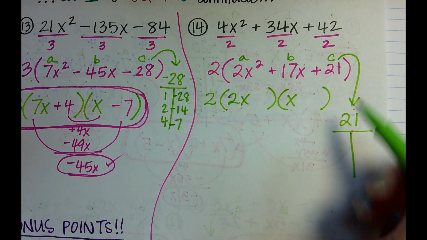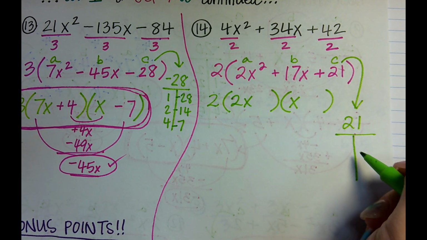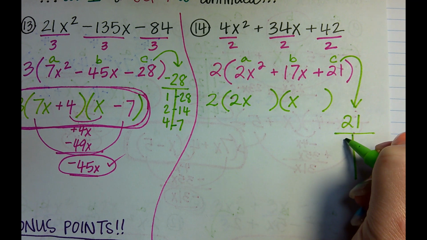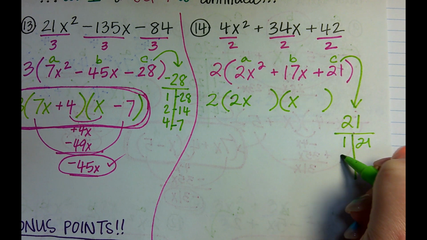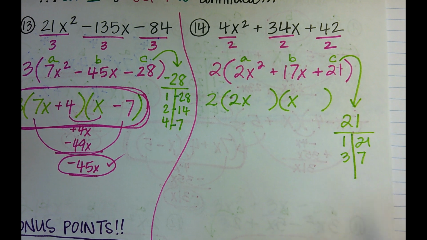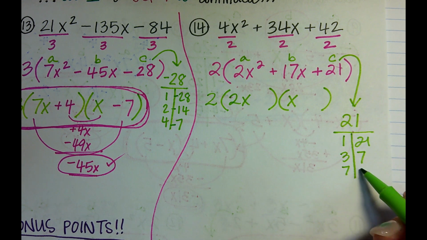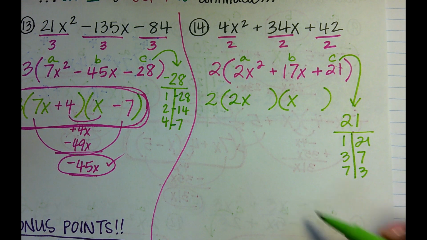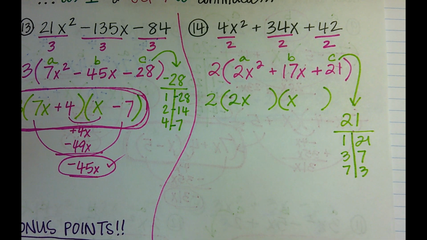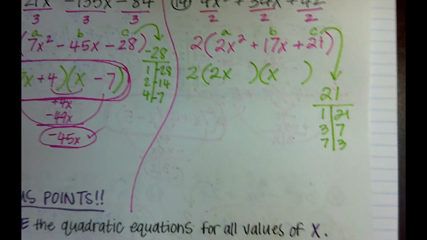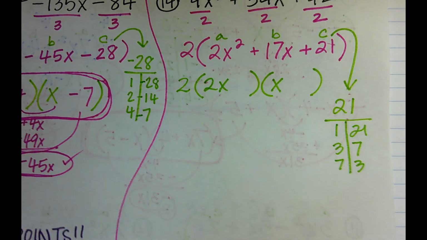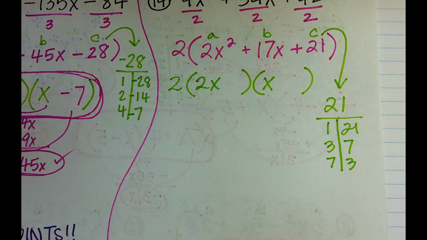So, let's think about this. What are some factors of 21? We've got 1 and 21, 3 and 7. I guess we also have 7 and 3, and 21 and 1, but we can move on to those if we need to. Are there any that we want to try first?